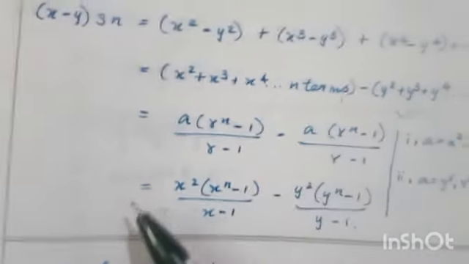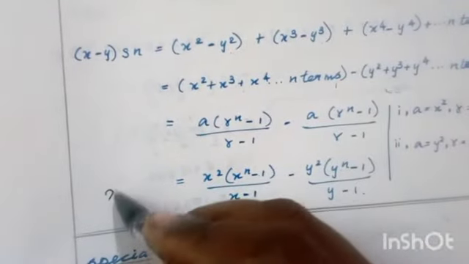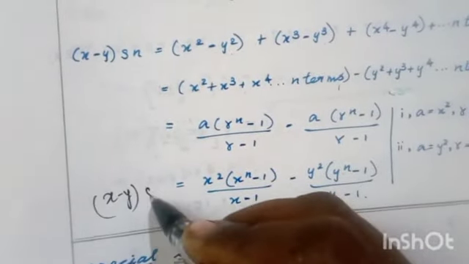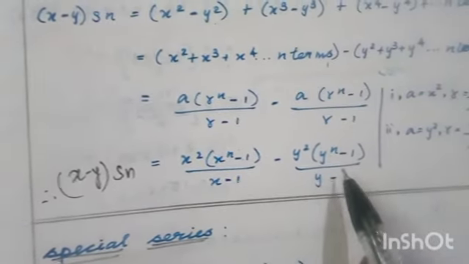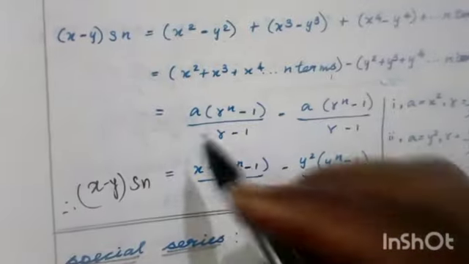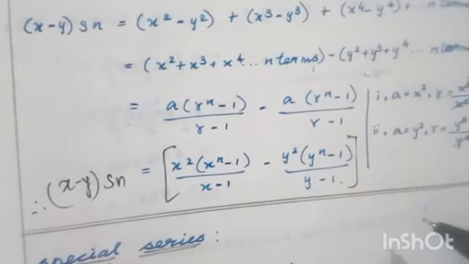The left hand side is the same, x minus y into Sn. Therefore x minus y into Sn equals this value. Hence proved.